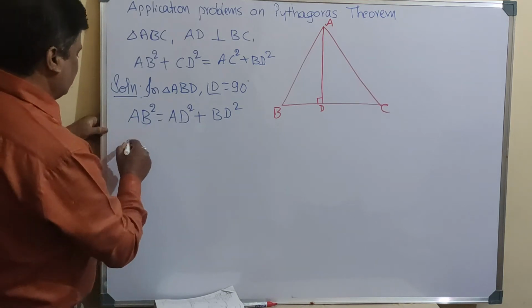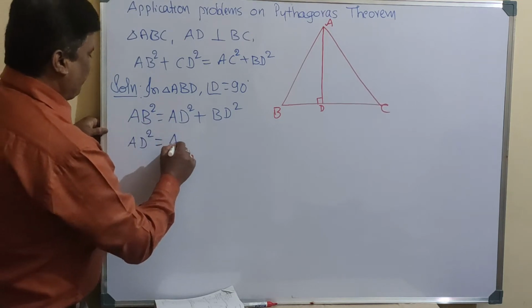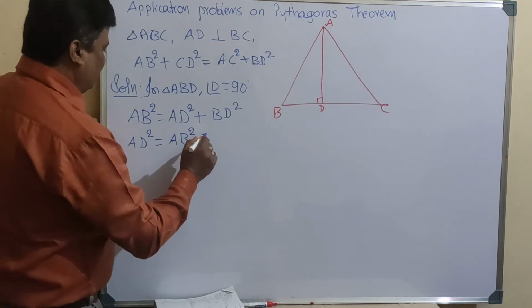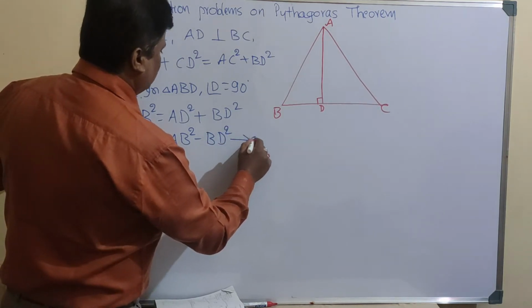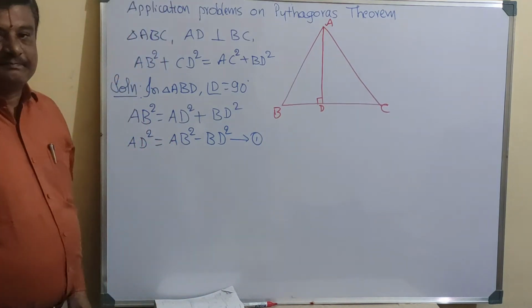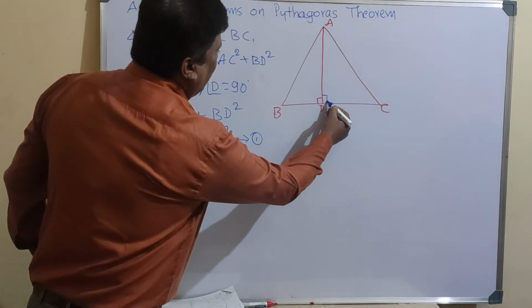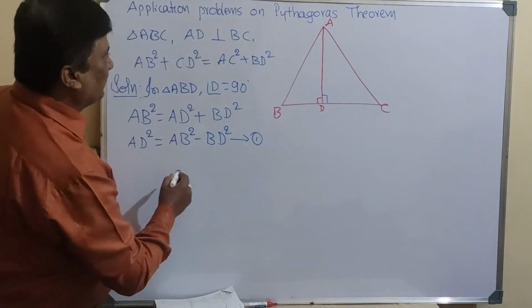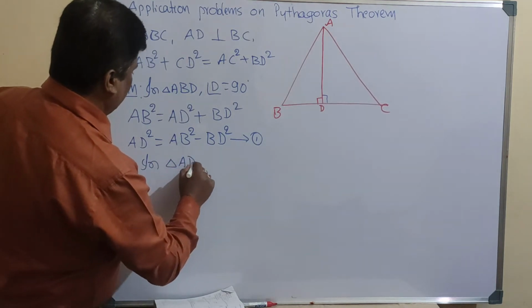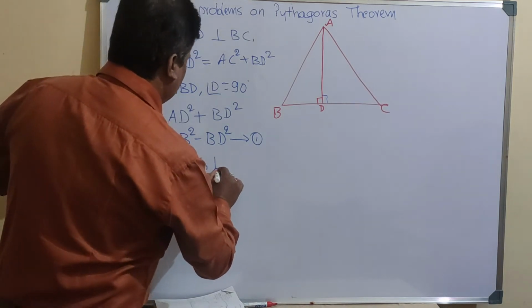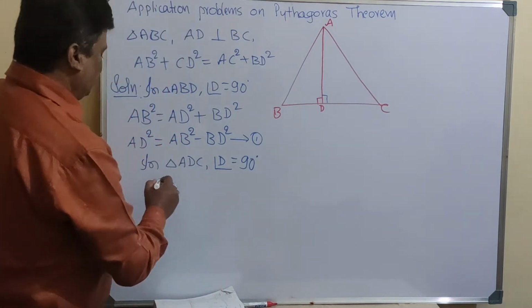So for AD square, what can we write? AD square is equal to AB square minus BD square. Let's call it equation 1. At the same time, let's consider the triangle ADC in which angle D is 90 degrees.